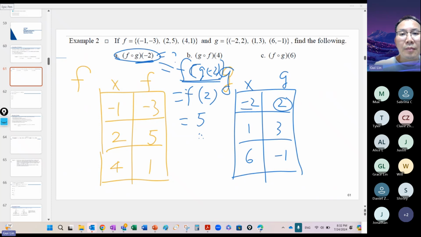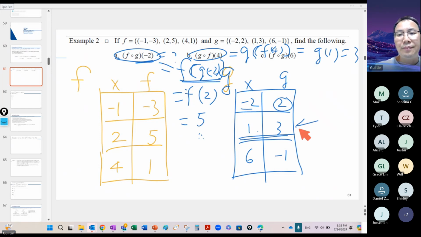Well, let's see the second. Let's describe it this way, so we don't confuse things. So it will be g of f(4), right? So f(4) equals 1. So you get g(1). g(1) equals 3. So it will be 3. You need to find that here. So this B will become 3.